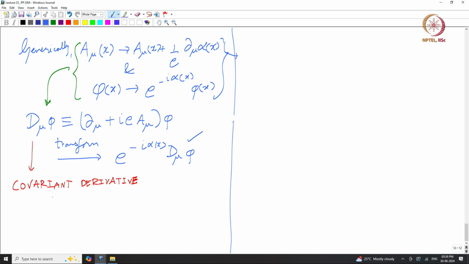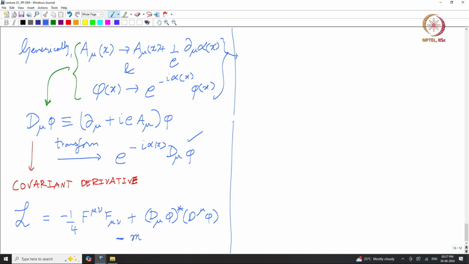Now you will agree that I can now write down the entire Lagrangian, okay, as, of course I have to start with the kinetic term for the photon, but now I think you will agree that I can also write a kinetic term for the scalar, and this is explicitly gauge invariant now, right, because this goes as e power minus i alpha x, that goes as e power i alpha x under gauge transformations.